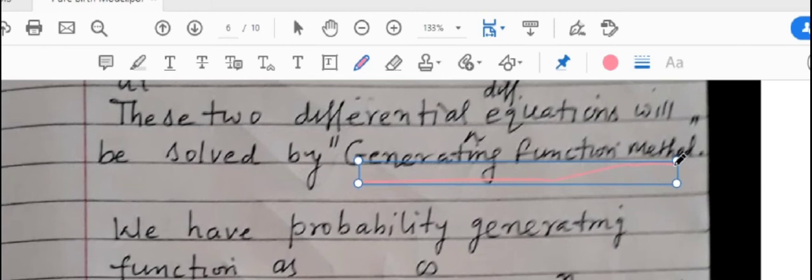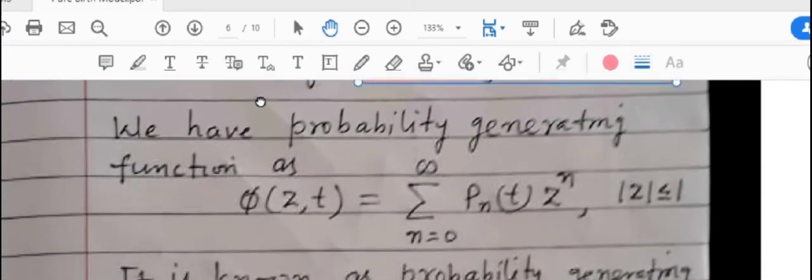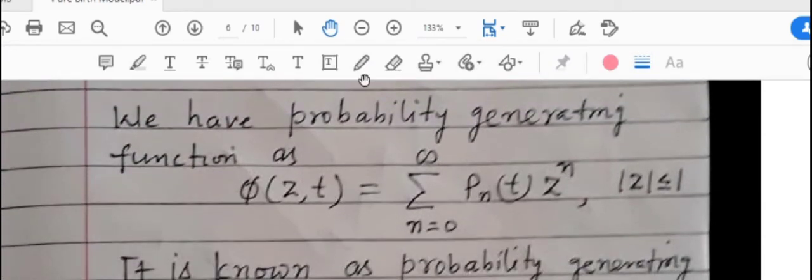What does it mean? Probability generating function means the probabilities will be generated. You look at, this is a probability generating function here, meaning thereby this probability must be generated. And how must this probability be generated?